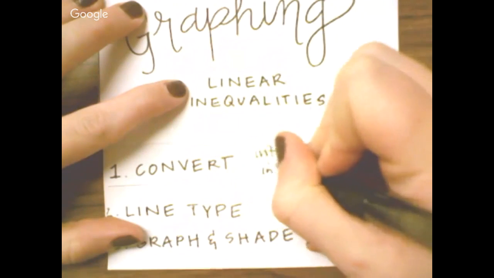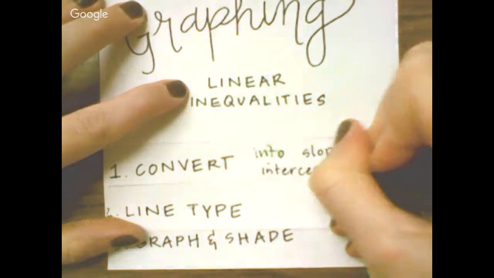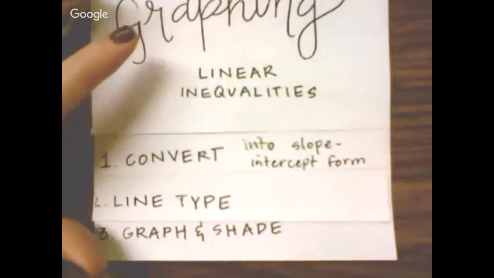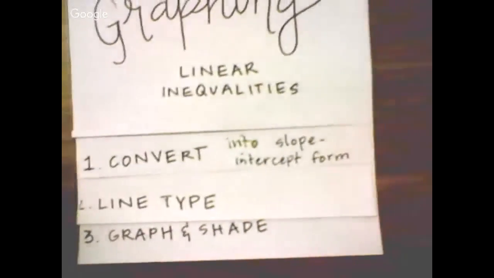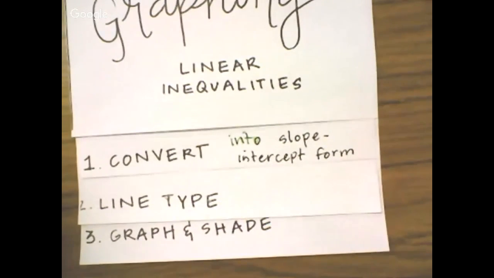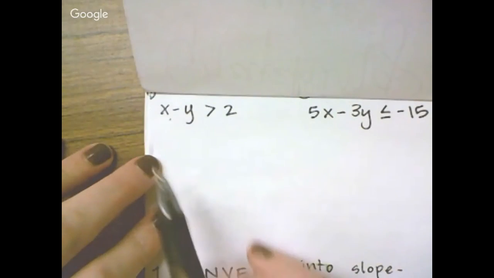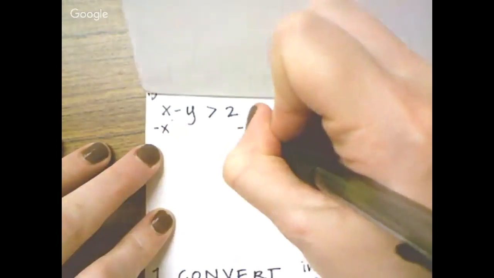into slope-intercept form. So looking at our two examples, my first one, I've got this x on the side, so I'm needing to subtract the x.